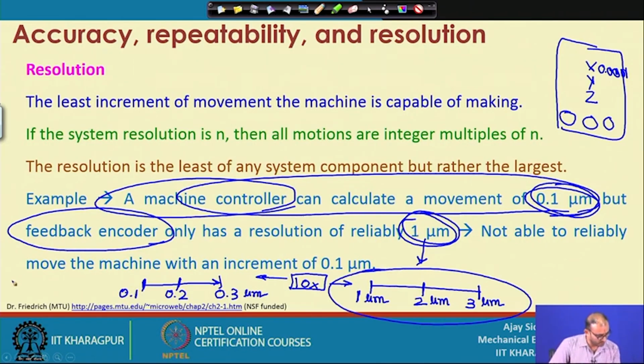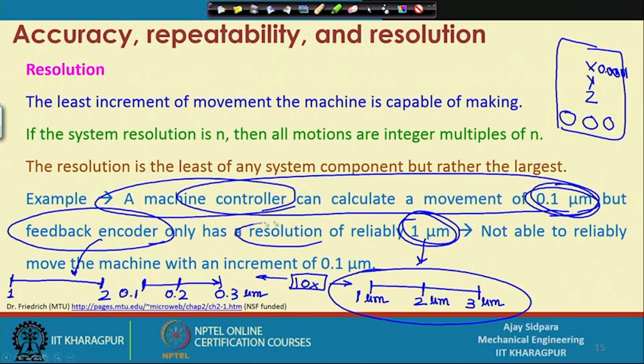When you are moving from 1 micron and reach 2 micron, only then will your encoder give a signal, because this is the range in which it is working, or the particular resolution it has. But suppose you want to reach 1.5, then it is not possible here.